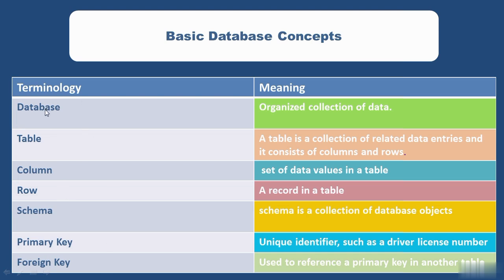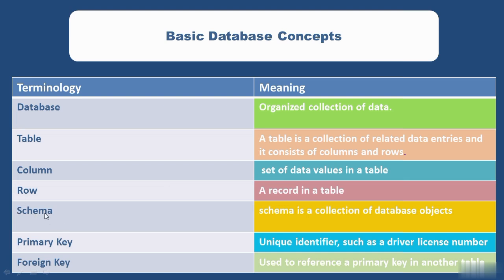So this is how the table is structured in a database table. So you've got the columns going horizontal and the rows going vertically. Each row in a database table is referred to as a record.